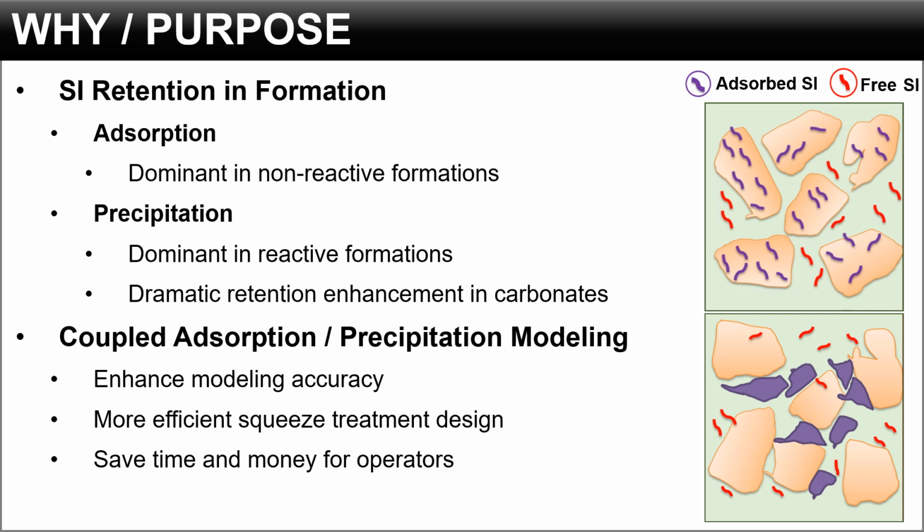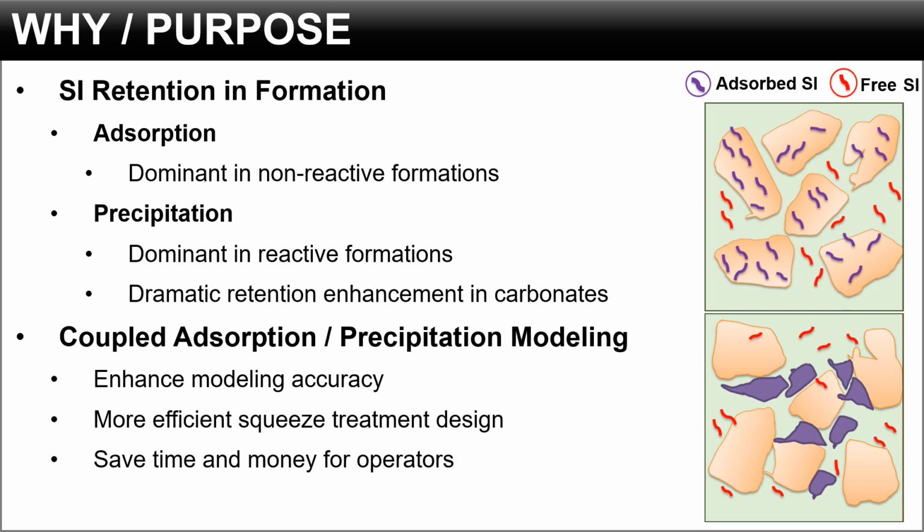and the scale inhibitor squeeze treatment will be efficient until the scale inhibitor concentration in the production stream drops below a certain value called MIC, minimum inhibitor concentration, which is a unique concentration for each combination of scale inhibitor and formation condition.